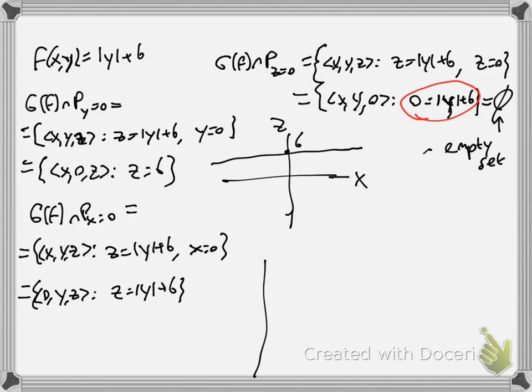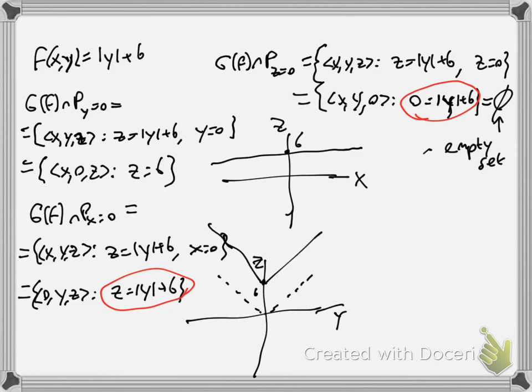Okay, so let's write this in the yz plane, so y, z. Okay, so now we have to find the graph of this equation. Well, if the 6 was not there, it was the absolute value of y. We all know from the first year what it looks like. Now we just add an extra 6, so we just lift up our, let's write it in dotted lines. This would just be the absolute value of y. We would have the same thing plus 6, so we just add 6. So that is what it looks like.